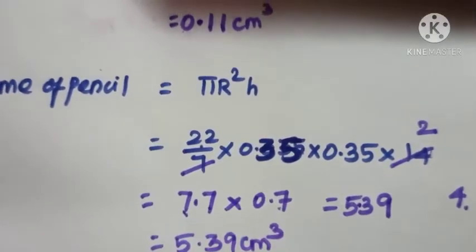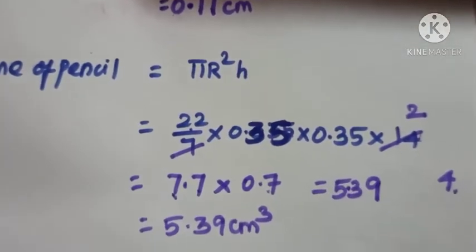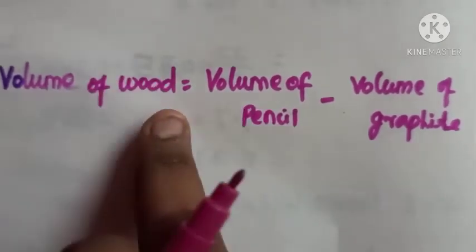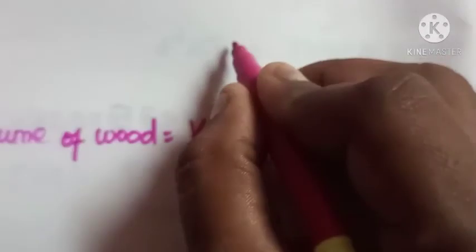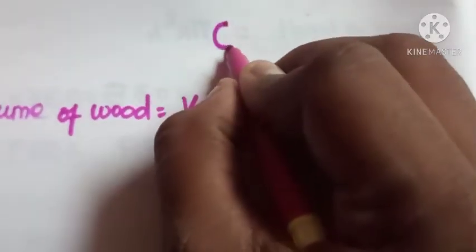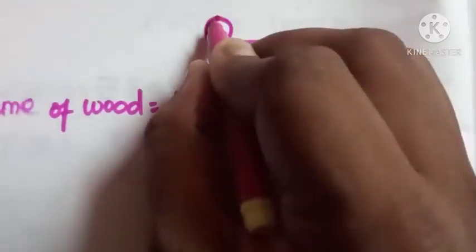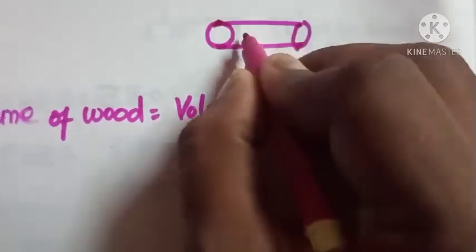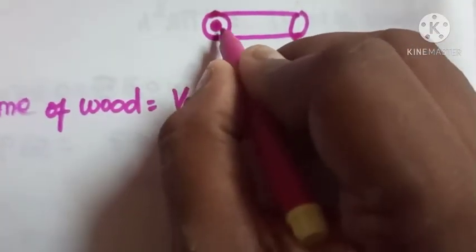So what do we need to find finally? We need to find the volume of wood. Listen, a pencil is in a cylinder shape like this. We consider this as the pencil, and the graphite is inside, in the interior. The wood is this white portion.